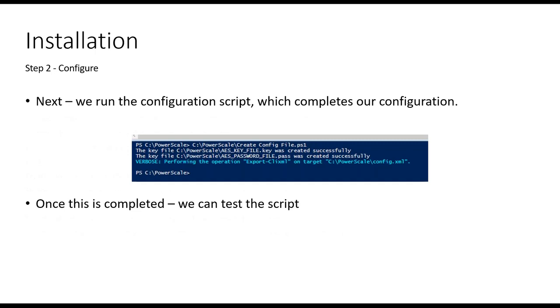So when we run that configuration script, what it does is it creates an XML file which is actually read by the main decision-making script, and it uses those parameters. Now, the reason there is a create config script rather than you just generating an XML yourself is because PowerShell natively uses that XML file that can read all of the types of parameters, including what types of variables they are, and just reuse those.